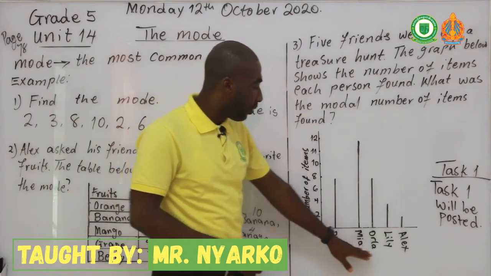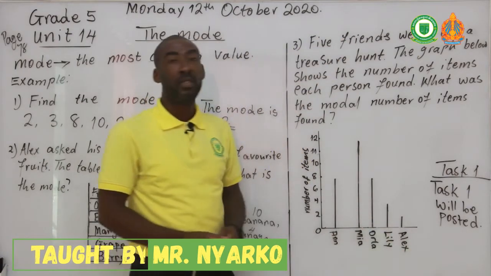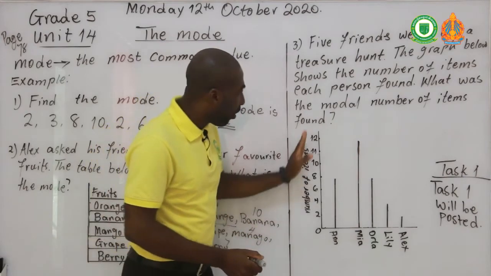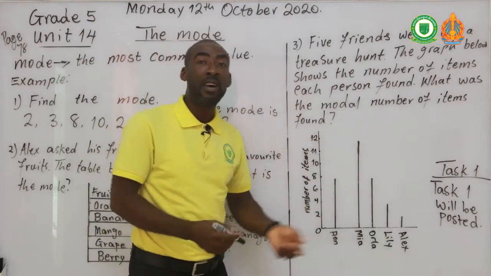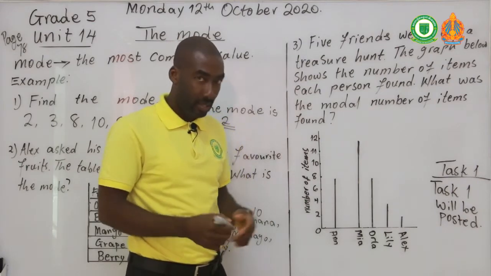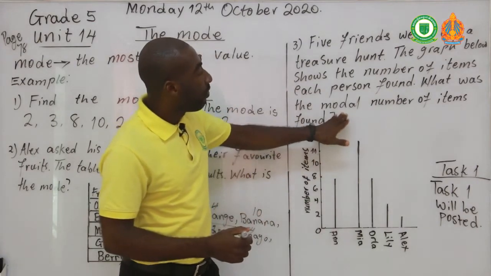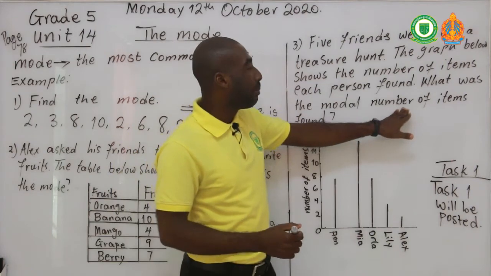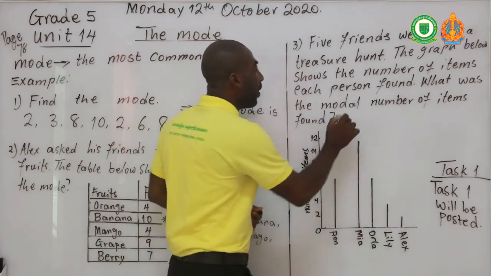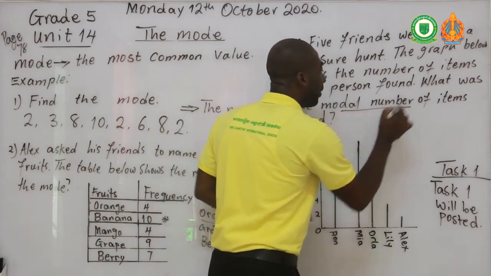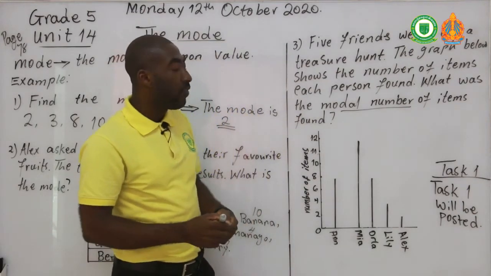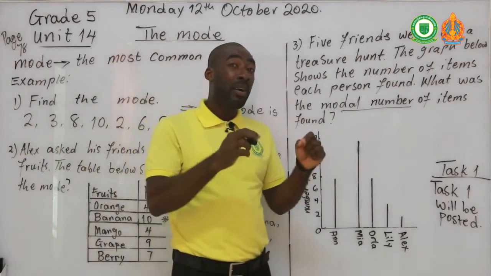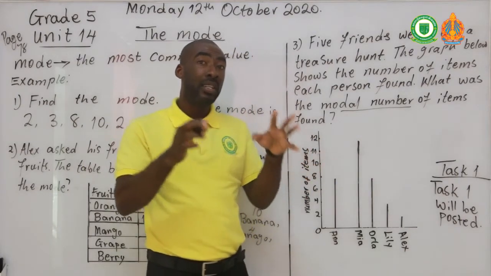So we have 1, 2, 3, 4, 5 friends. And over here are the number of items that they found in the treasure hunt. We're supposed to find the modal number. So here we are looking for the modal number. That means we have to look at the number of items each person found.